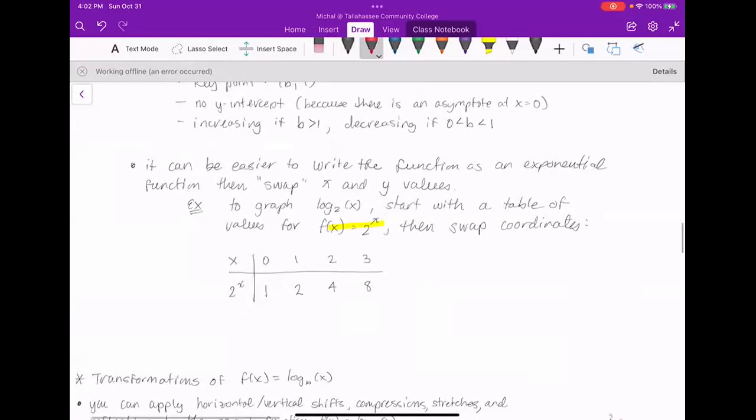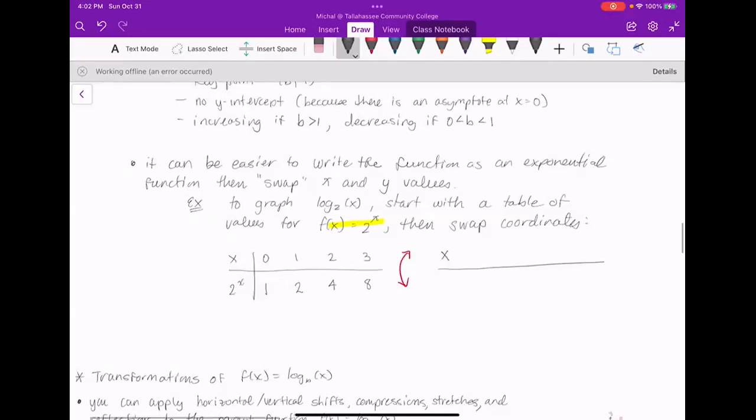Now I'm going to swap those, and that will give me my input and output for log base 2 of x. All right, so now my outputs are going to go from 0 to 3. And my inputs are going to be the outputs when I used my exponential form.